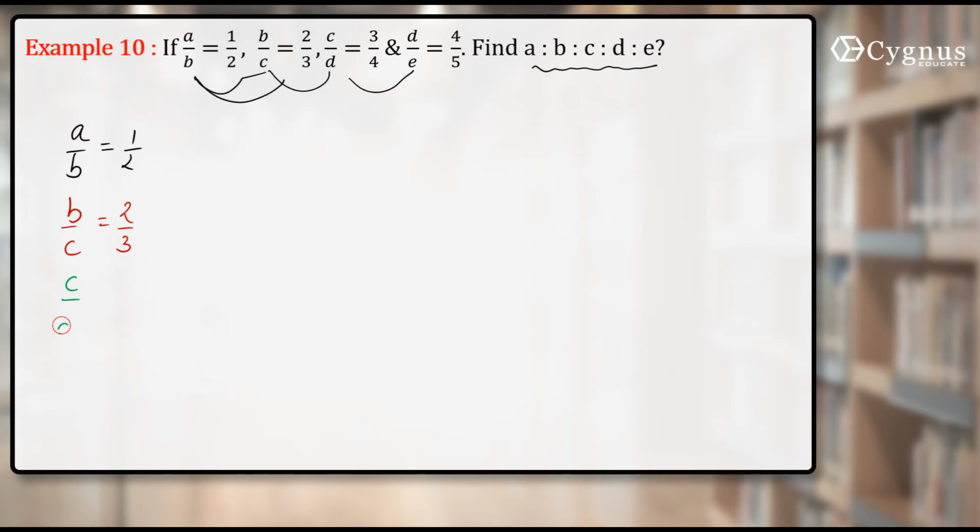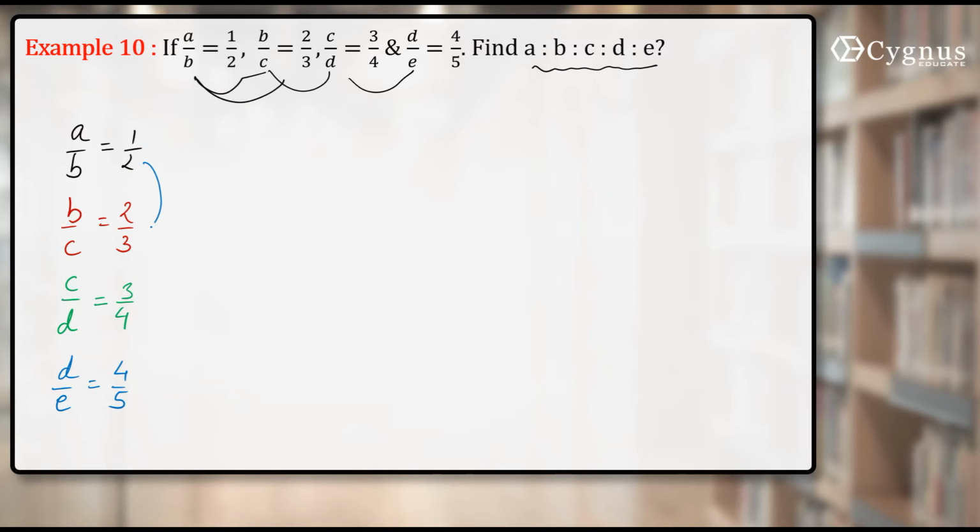C by D is given equal to 3 by 4. D by E is given equal to 4 by 5. What do you want? A is to B is to C is to D is to E.